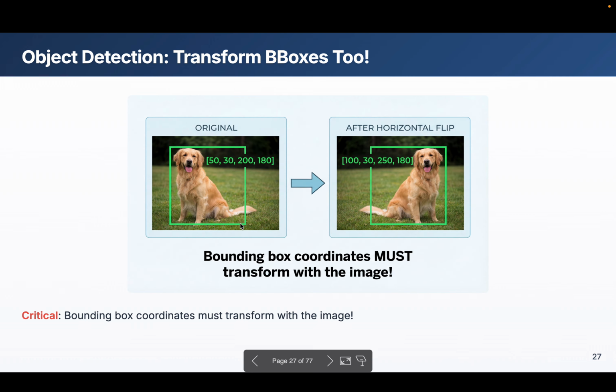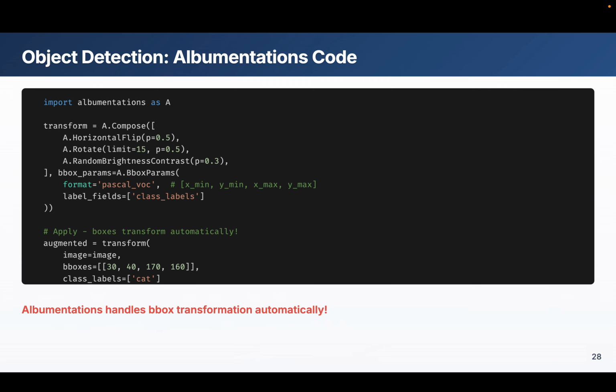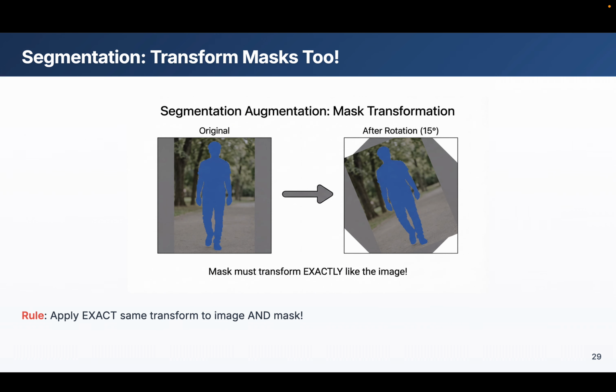Therefore, when you create the augmented view, you will also have to change the label, in this case the bounding box. With respect to segmentation, if we were to rotate the image, we'd also have to rotate the segmented mask. In some cases, the segmented mask may also have to get cropped. It may not be fully present in the image.